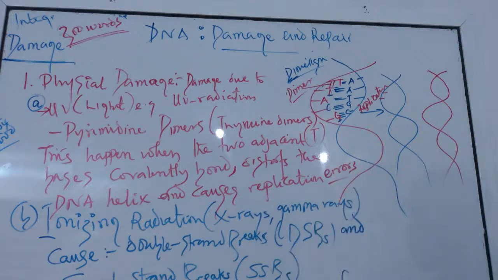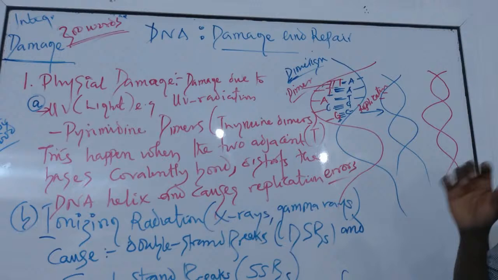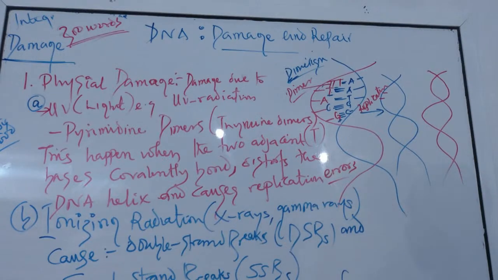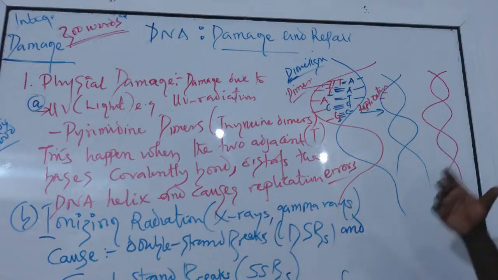Ultraviolet rays are going to lead to what is called pyrimidine dimers, a kind of covalent bonding between two thiamine compounds. It will undergo dimerization, and that dimerization is going to distort the DNA helix and cause replication error.